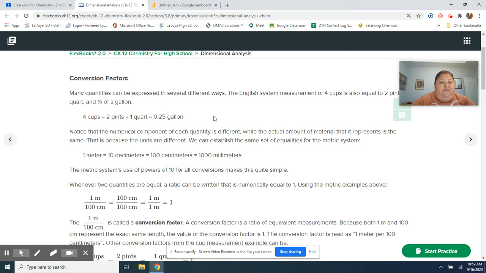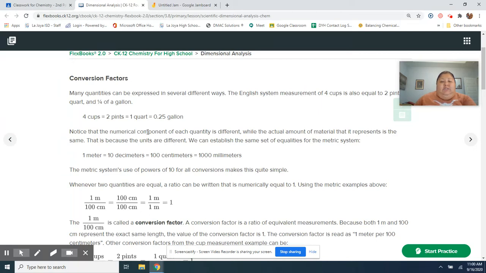If you only put 4 cups, it's still going to be 0.25 gallons. If you put 1 quart, the volume will still be 0.25 gallons. But the thing about the English system is that it doesn't work very, very well as far as remembering the numbers.